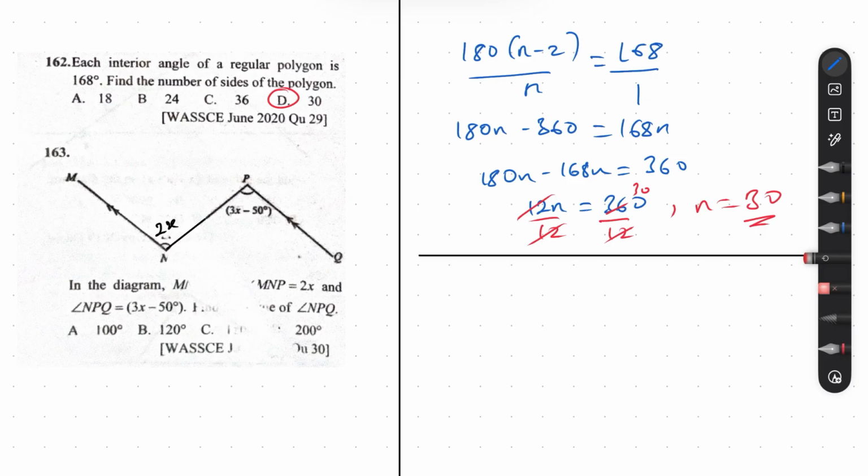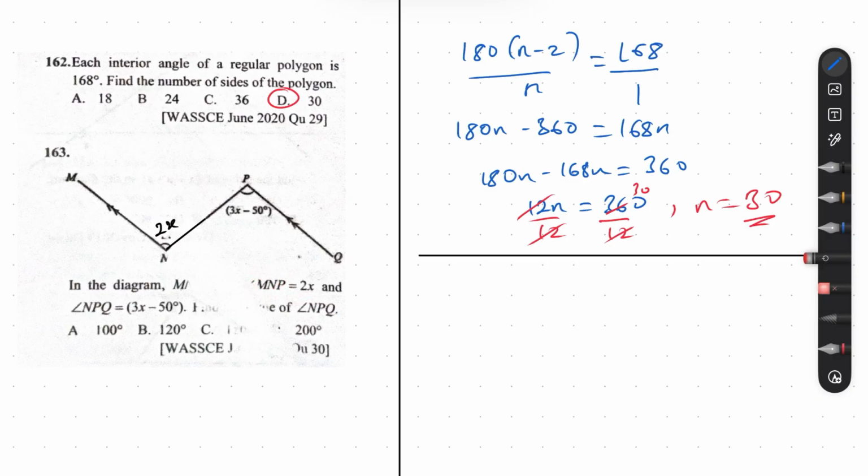I confirmed that from the textbook, and this is 2x, okay? So, this line is parallel to this line, okay? And then this angle here is 2x.